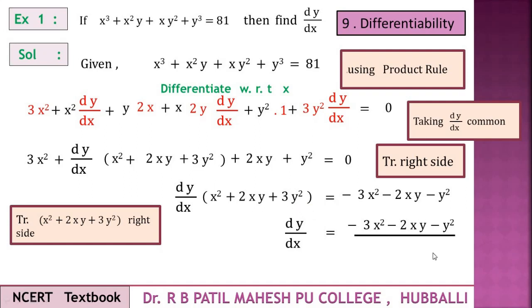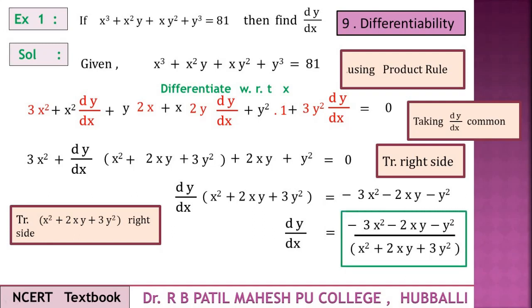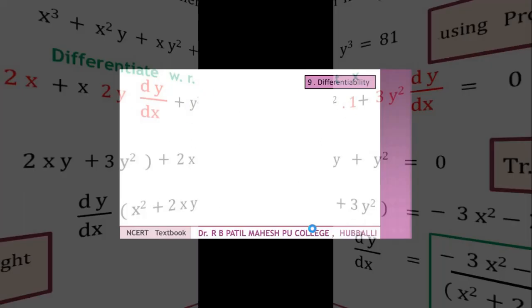When you transfer to the right side, it goes to the denominator, therefore it is divided by. So this is now the dy by dx function, that means the derivative of the given implicit equation. I hope you got it.